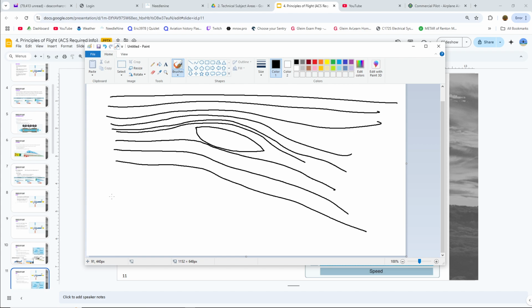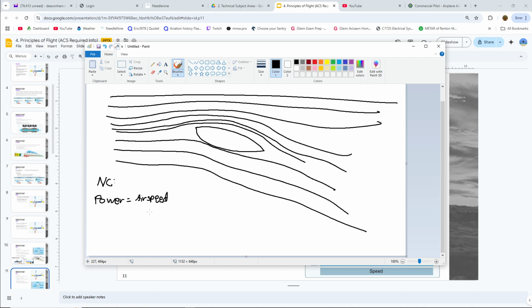You would say, oh, well, I'd increase my power to increase my airspeed. So in the region of normal command, you increase power to increase airspeed. It is hard to draw with my mouse. I'm not used to that.